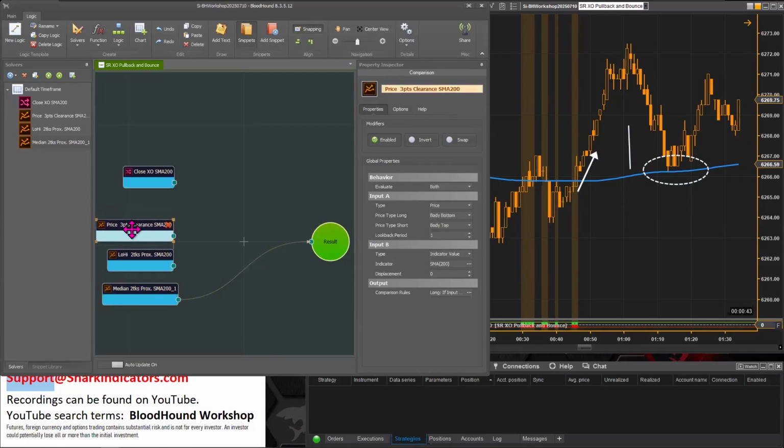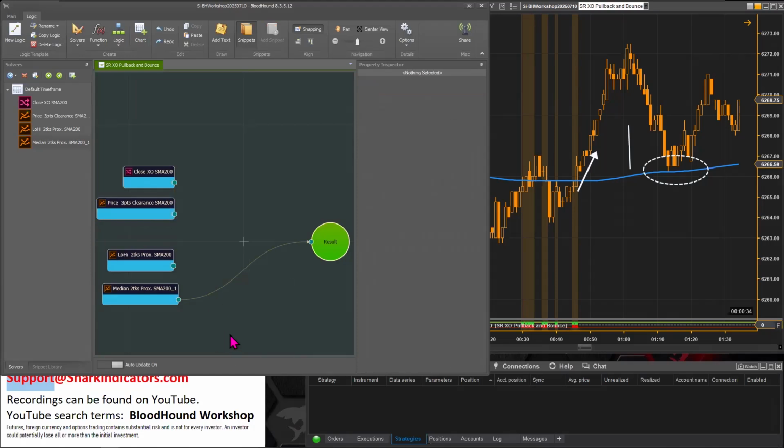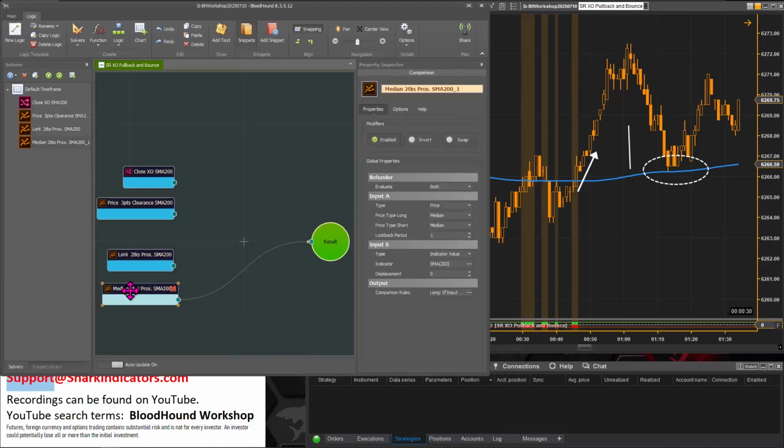So for now, actually, let's put that one back. And oh shoot, I didn't make my copy yet. Okay, let's undo here. Oh, it doesn't actually undo.